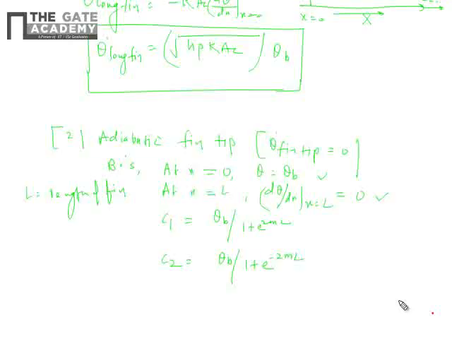So the temperature difference distribution inside an adiabatic fin is given as theta equal to theta b times cosh m(L minus x) over cosh mL.